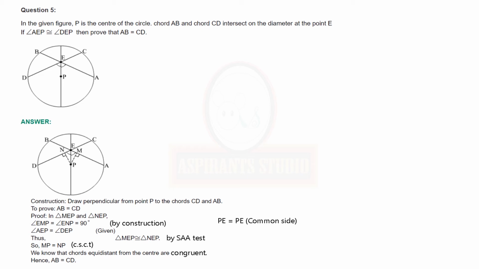So by construction we have measure of angle EMP is equal to 90 degrees, and measure of angle ENP is also 90 degrees. So we have measure of angle EMP is equal to measure of angle ENP is equal to 90 degrees.